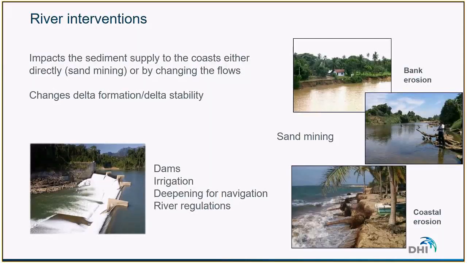It can be surprising, but river interventions can also have an impact on the shore. This is mostly due to the fact that these interventions have an influence on the sand supply to the coast.